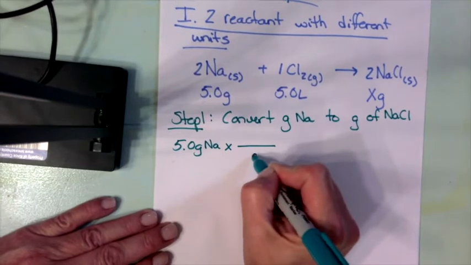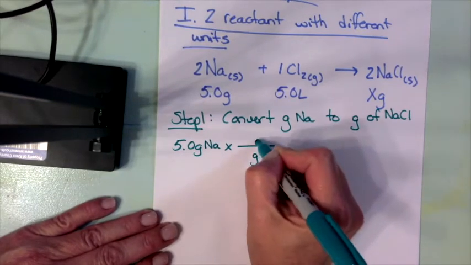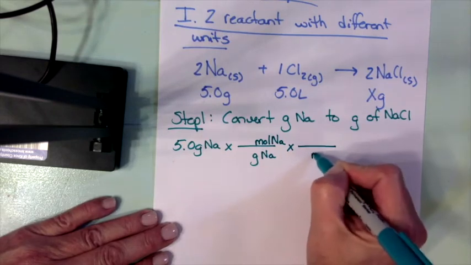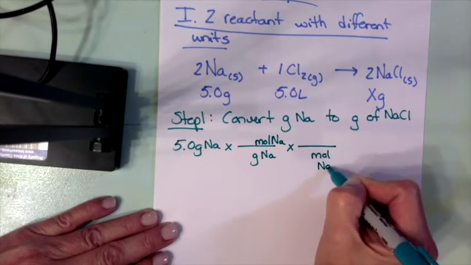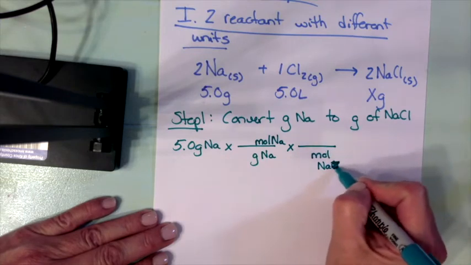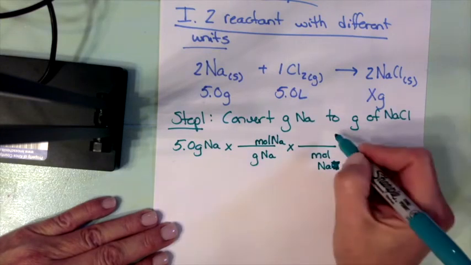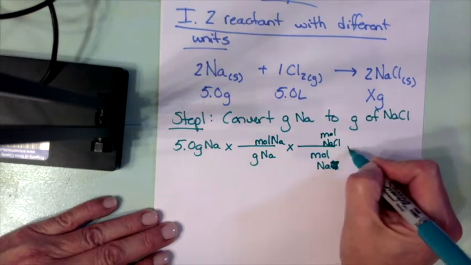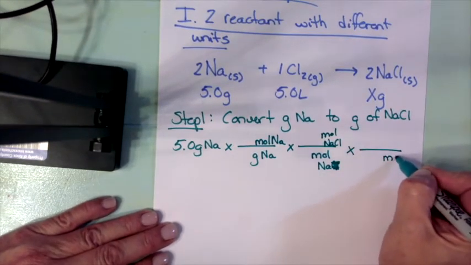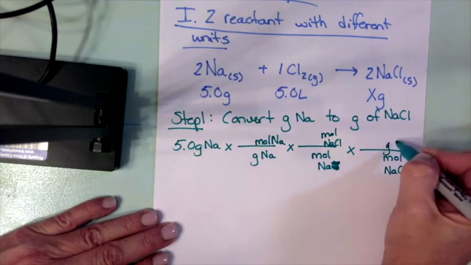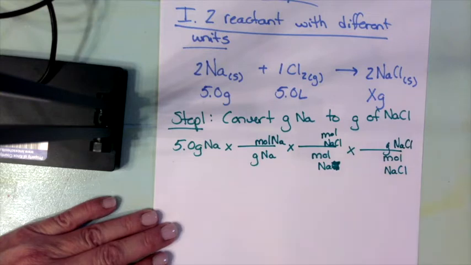We're going to get out of grams of Na and into moles of Na. Then we need to get into moles of NaCl, which, to cancel it out, Na needs to be below, and moles of NaCl needs to be above. Then we need to get out of moles of NaCl, and we need to get into grams of NaCl.